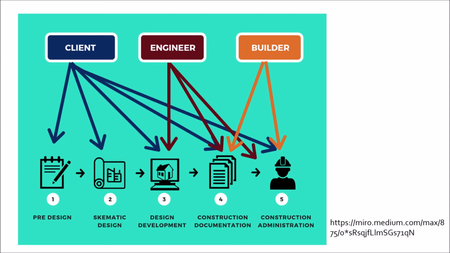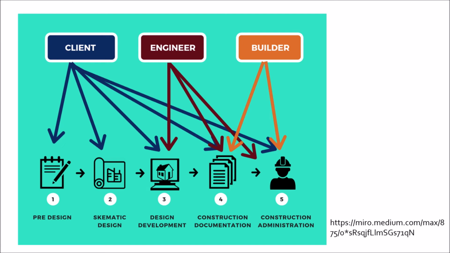So the client has its own responsibility in this phase. But the engineer is only in the 3rd and the 4th and the 5th phase of the design process. And the builder is in the 4th and the 5th or the last phase.